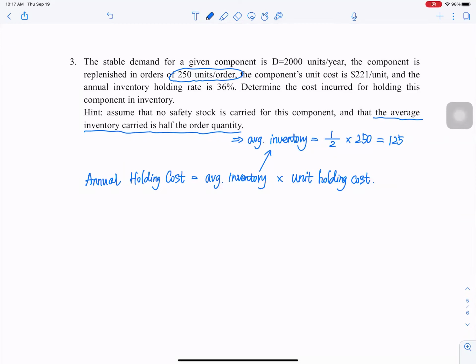And then for the unit holding cost, we need to calculate it by using the component's unit cost and the holding rate. So the unit holding cost should equal the unit cost times holding rate.